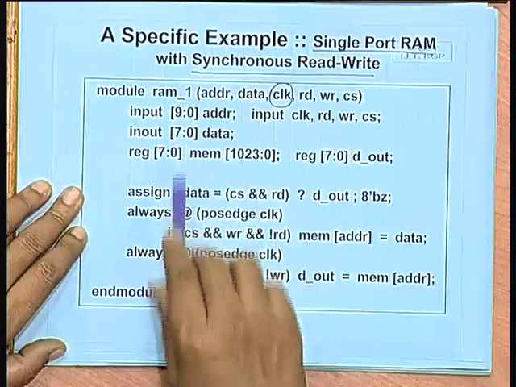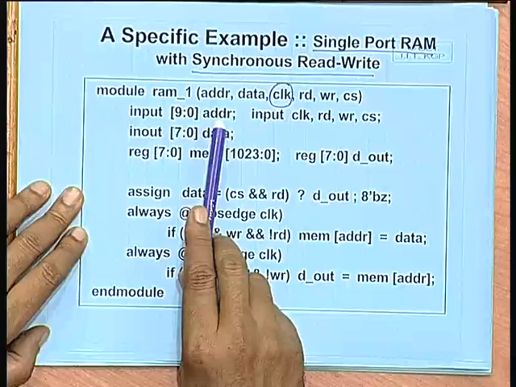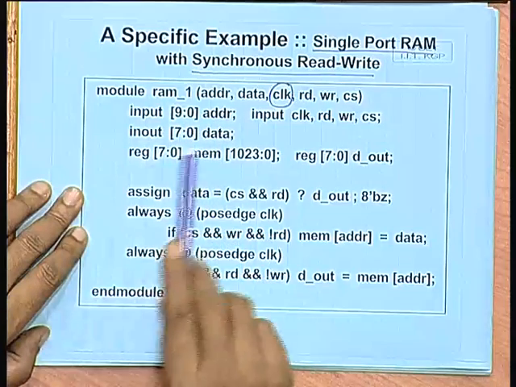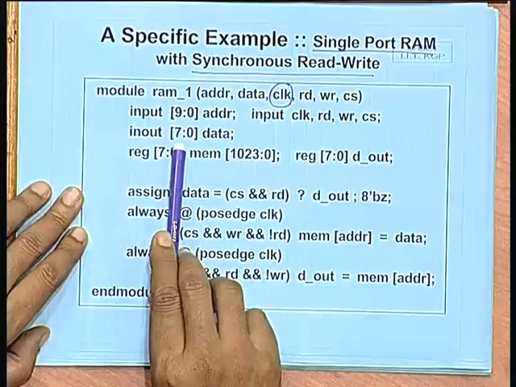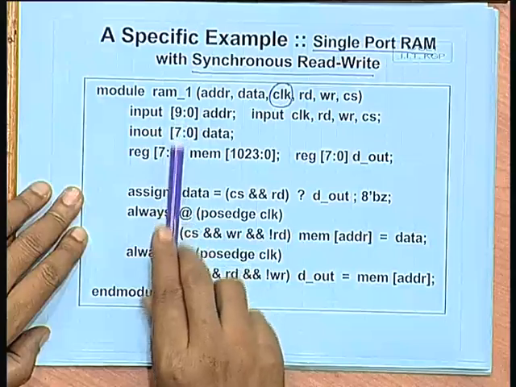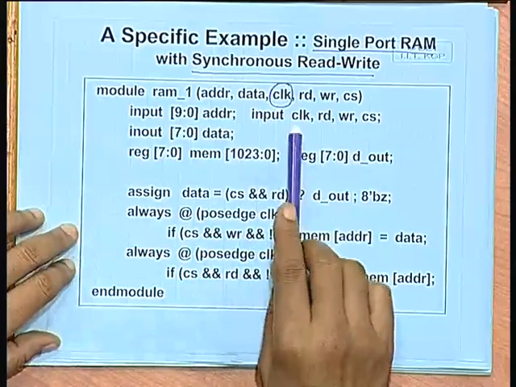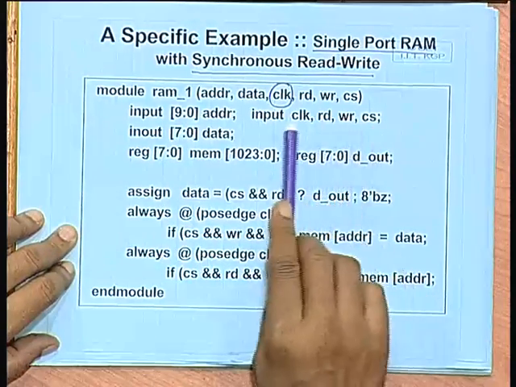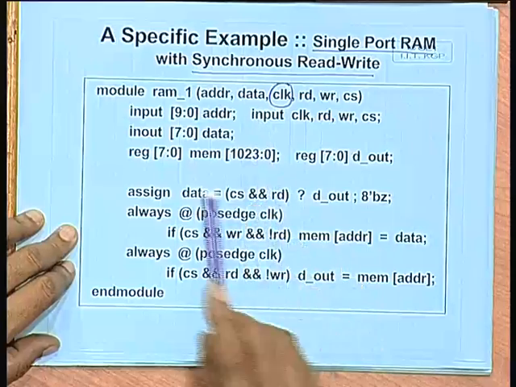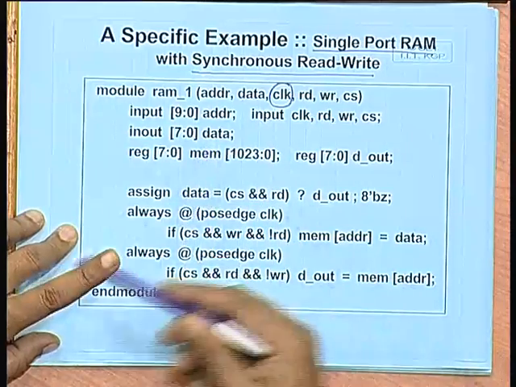In this example, the address is 10 bits and data is 8 bits, so there are 1024 locations of 8 bits each. Clock, read, write, CS are all input signals. Data can be input or output.